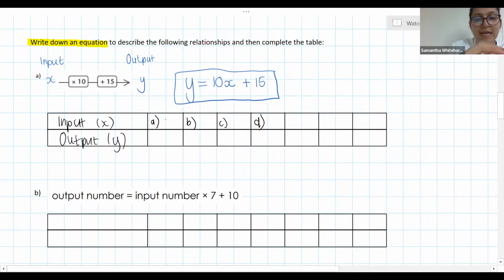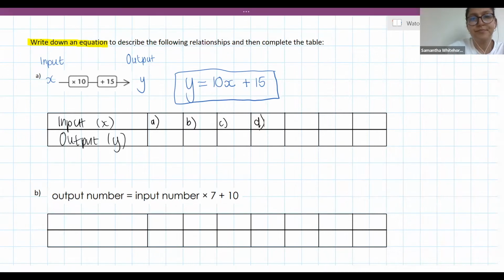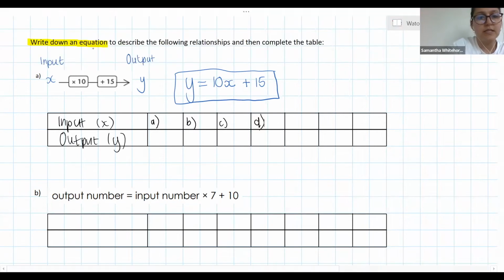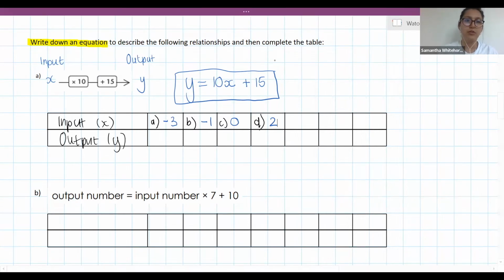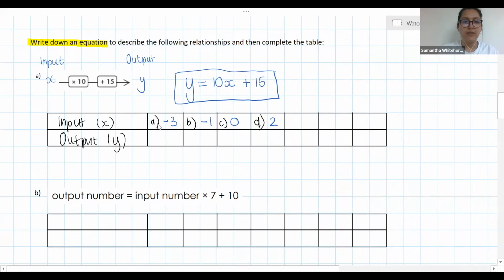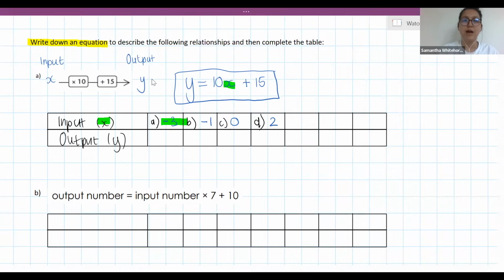So your input A is going to be -3, input B -1, input C 0, and input D 2. Taking each of those inputs, remember we want to take this value, which represents x, and substitute it into our equation in order to get the output.